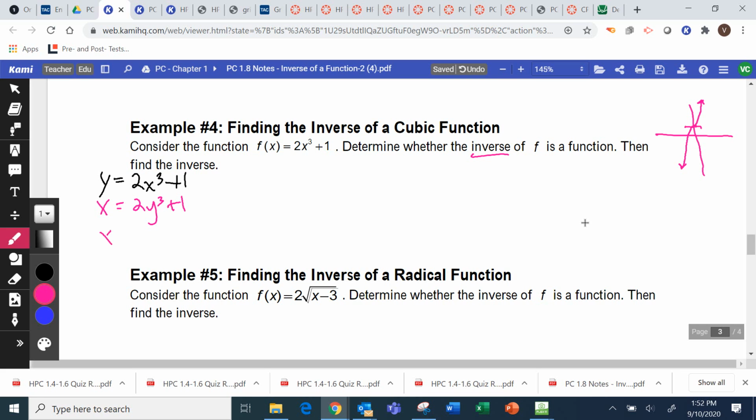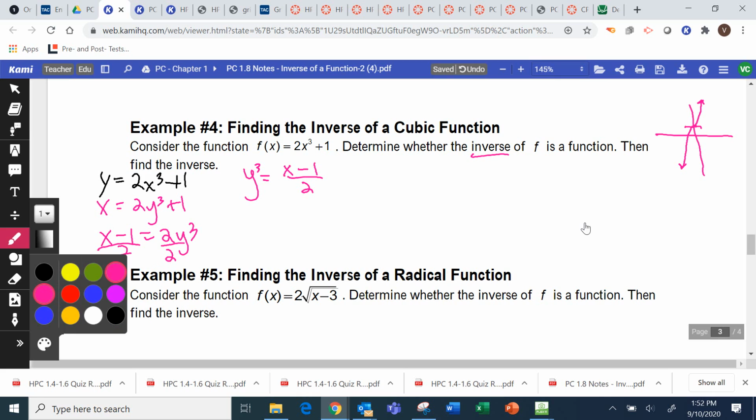So now I have x minus 1 equals 2y cubed. Divide by 2. Get y cubed equals x minus 1 over 2. How do we get rid of a cubed? Cube root, right. And when I do cube root, do I need a plus or minus like I do with square root?